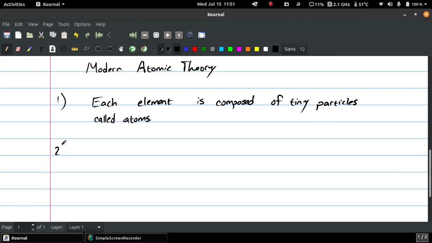All right, number 2. All atoms of the same element have the same mass and properties that distinguish them from atoms of other elements. So let's write that down.